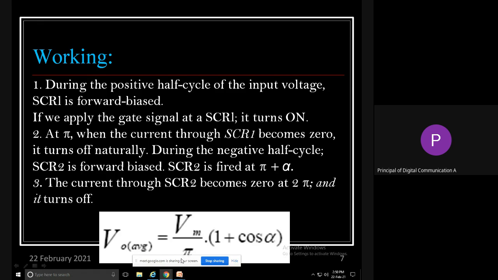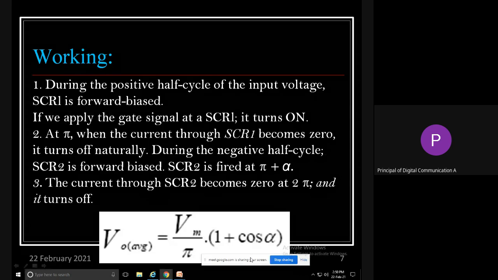Now in this case, the average voltage. Definitely, what is the main function of the rectifier? Convert AC into DC. So the average DC voltage is given by the formula VO average equals Vm by pi into 1 plus cos alpha. The same terminology applies for how this formula is generated. Yesterday, in the last session, we saw it for the half wave rectifier.